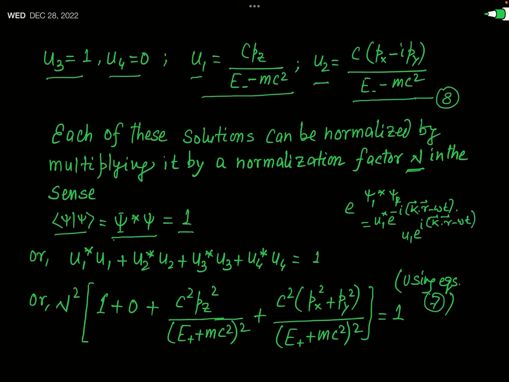So what you are seeing is e to the power minus i (k dot r minus omega t) and e to the power i (k dot r minus omega t). When these two exponential factors get multiplied, the result will be e to the power 0. So this product is simply equal to u1 star times u1.